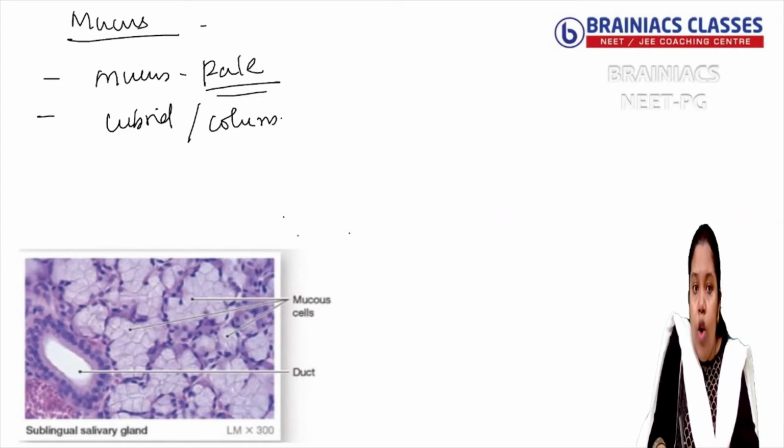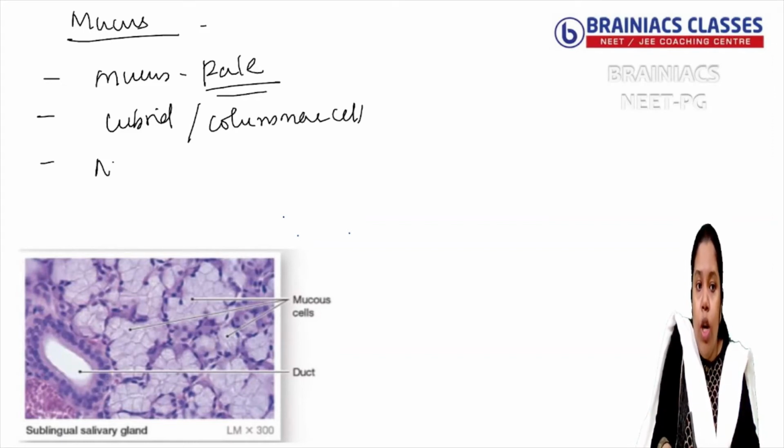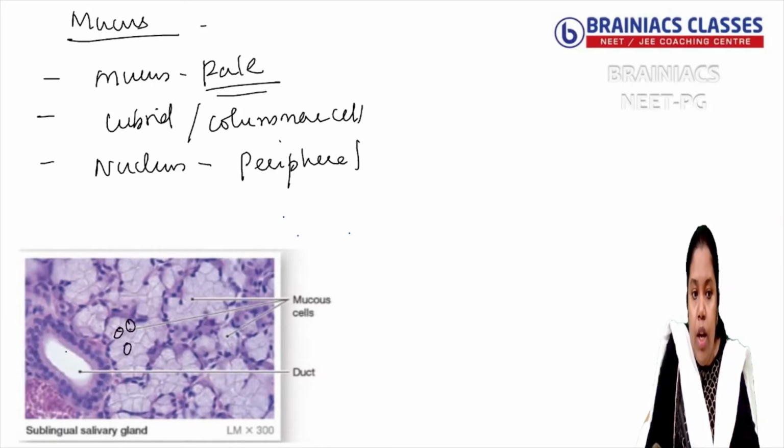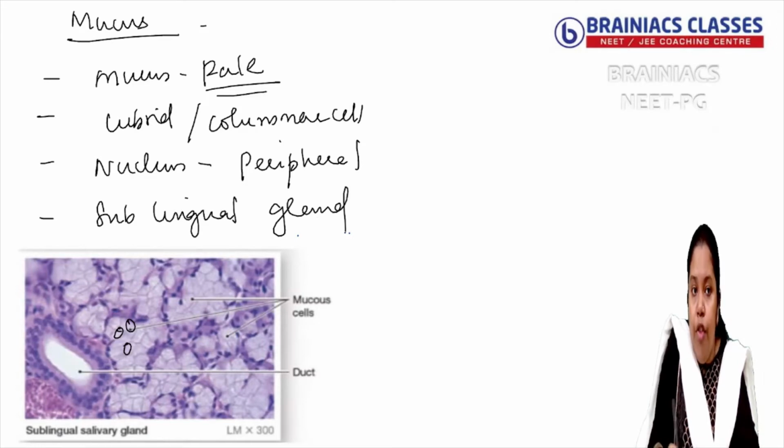Due to the mucus secretion, the nucleus is pulled to the periphery. The lumen of the gland will be wide. So this is about the mucus glands, and you can see the sublingual gland as the example of a mucus gland.